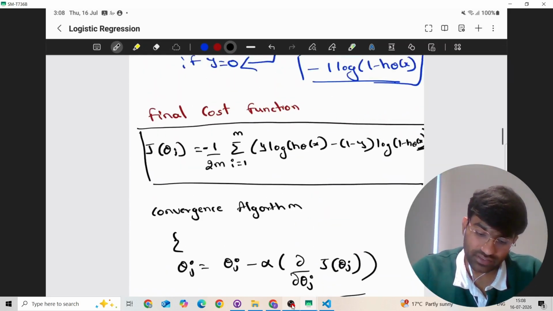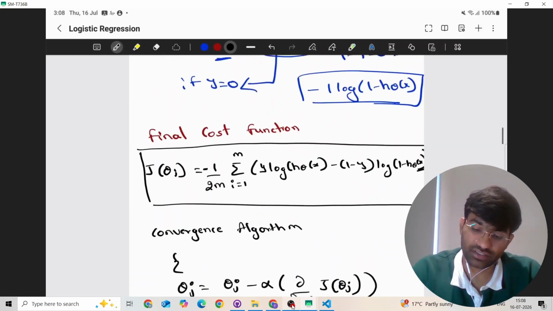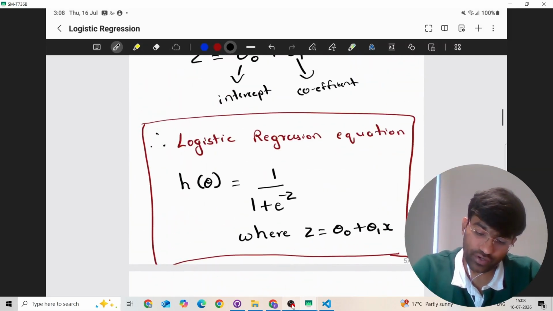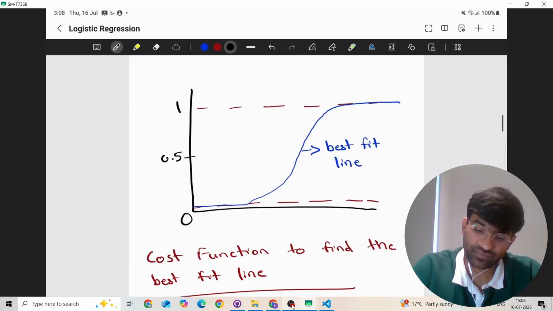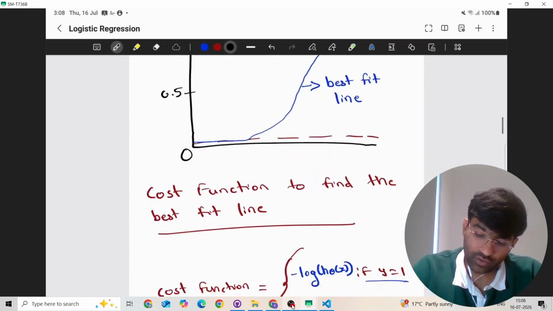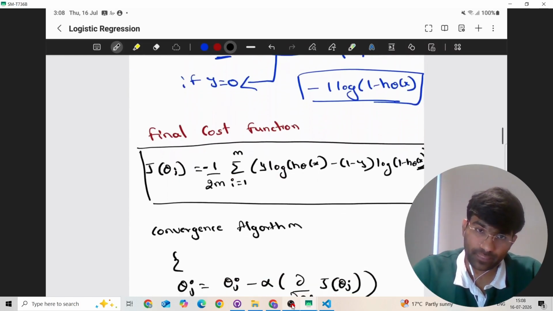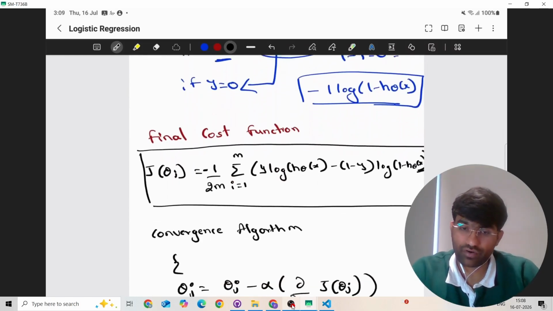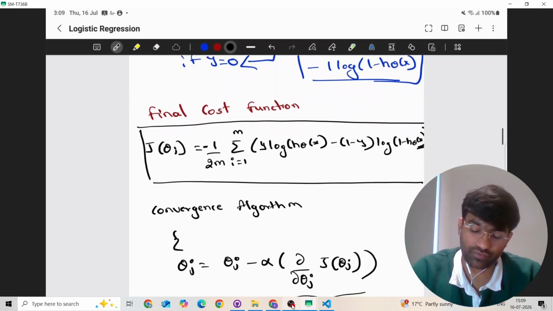So that is the difference in the cost function from linear regression to logistic regression, and here we use the sigmoid function to get the sigmoid curve, which will be the best fit line. To find the global minima for the best fit line, we use the cost function J of theta j equal to minus 1 by 2m summation of i equals 1 to m, y log of h theta of x minus 1 minus y log of 1 minus h theta of x.